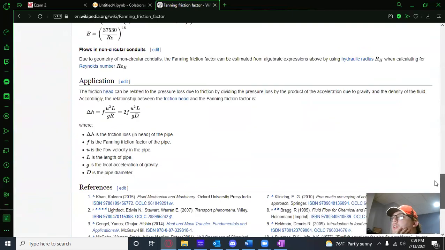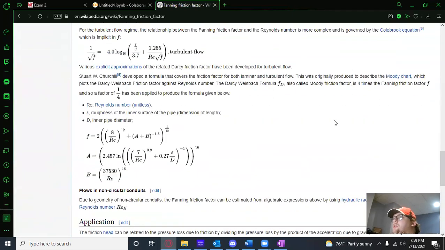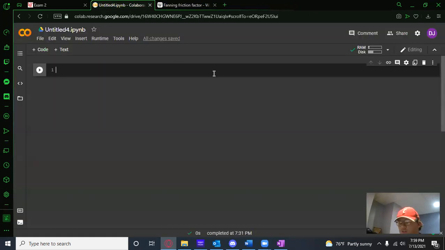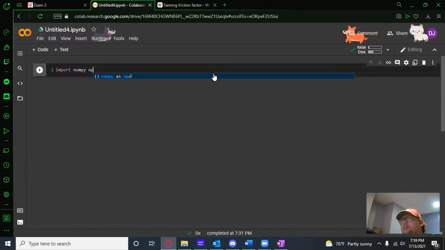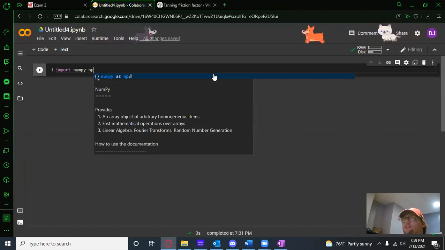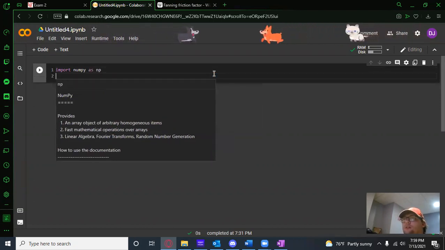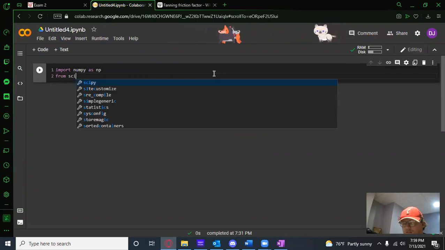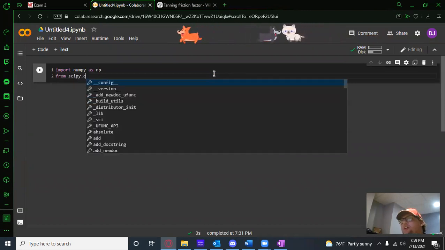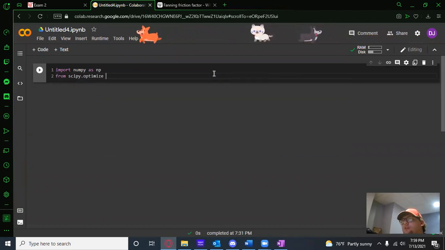But if we go down here, we're going to be using this equation in our script. So the first thing we need to do is import a couple things. First is, of course, NumPy as np. And then from our good old buddy scipy.optimize, we're just going to import newton and root.